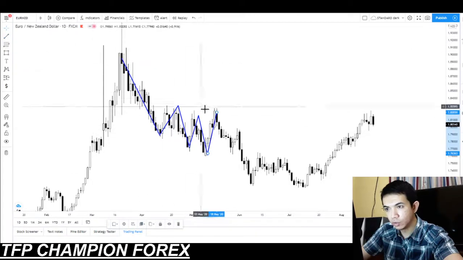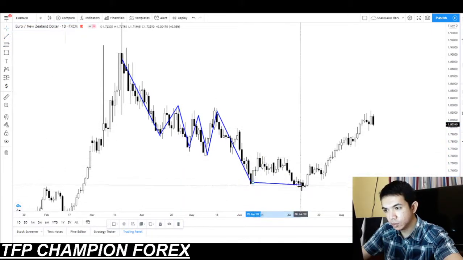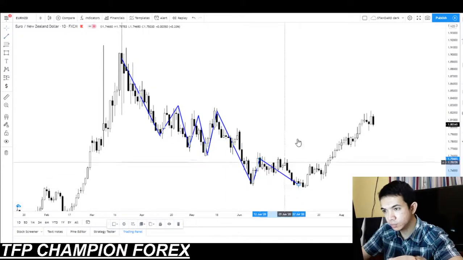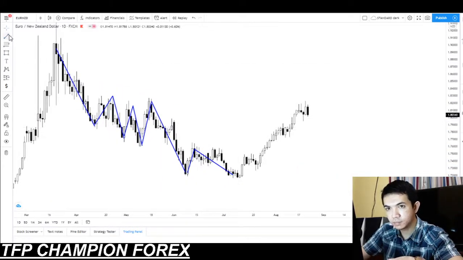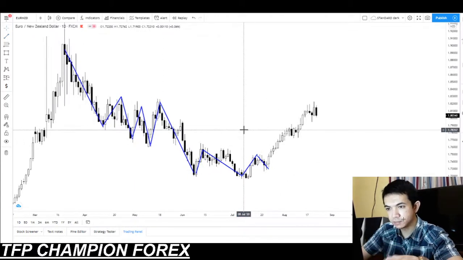Another lower high, lower low, lower high, lower low, all right, and then what? Lower high, and then what? Higher low. We can see here that what?